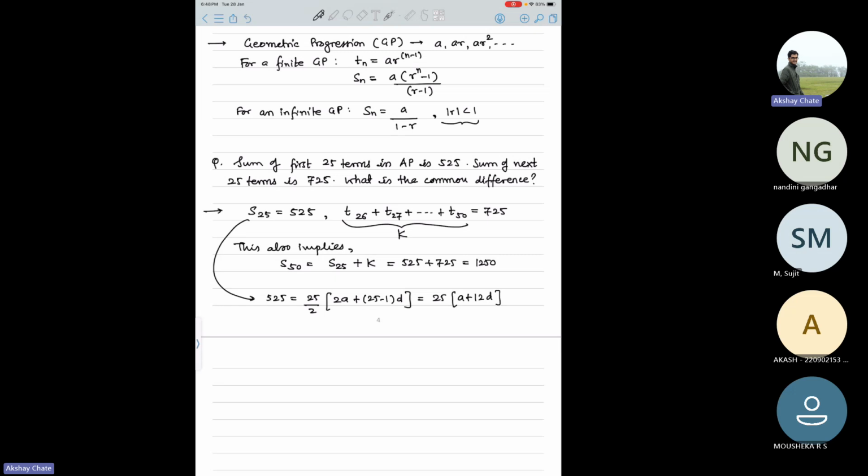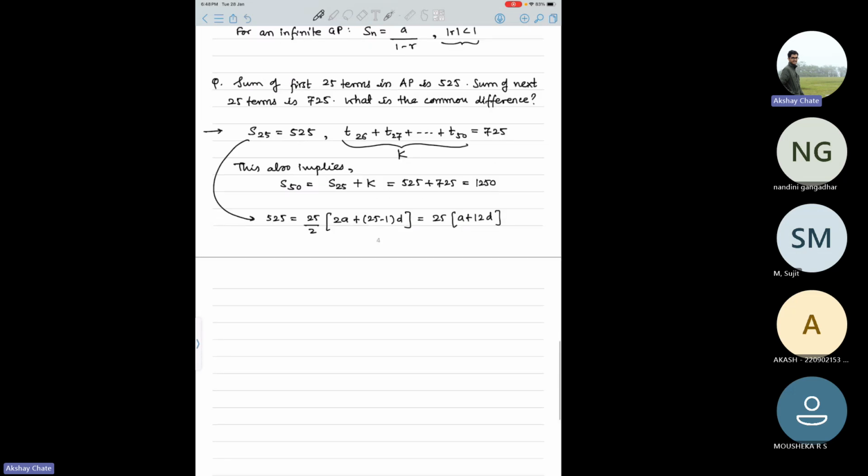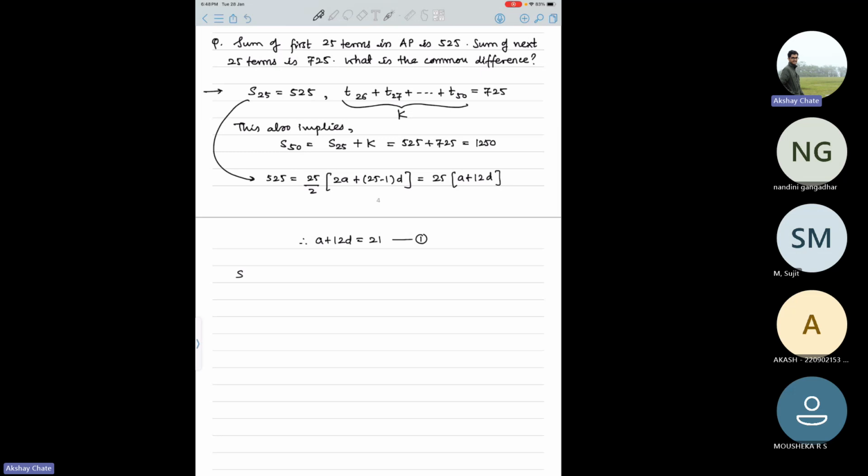Okay, and then I can divide by 25 on both sides, and it will become 21. So I get one equation, which is a plus 12d is 21. Okay, so let's say this is the first equation, and apply the same thing to your S50. S50 will be 50 by 2, into (2a plus (50 minus 1) into d), and that is equal to 1250.